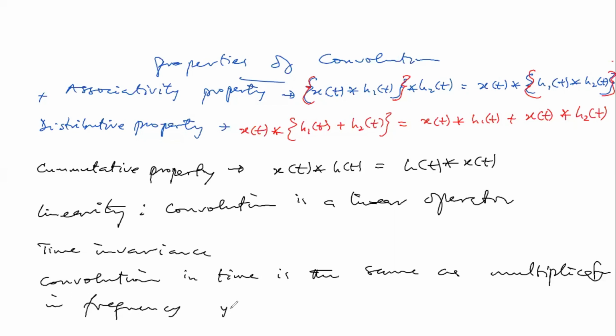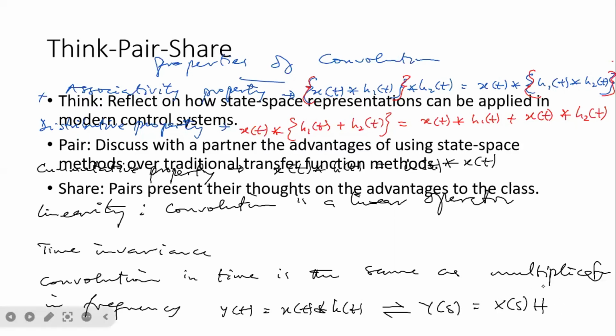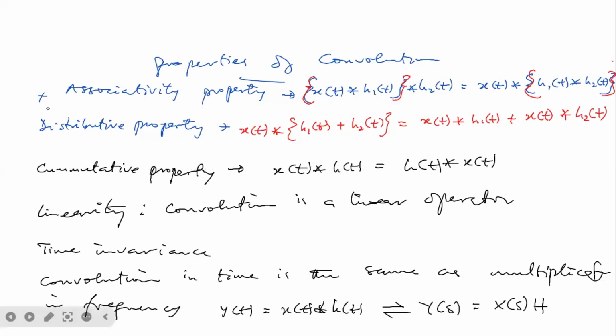So when we have y of t being the same as s of t convolved with h of t, this is the same as saying Y of s is the same as S of s times H of s. Okay.